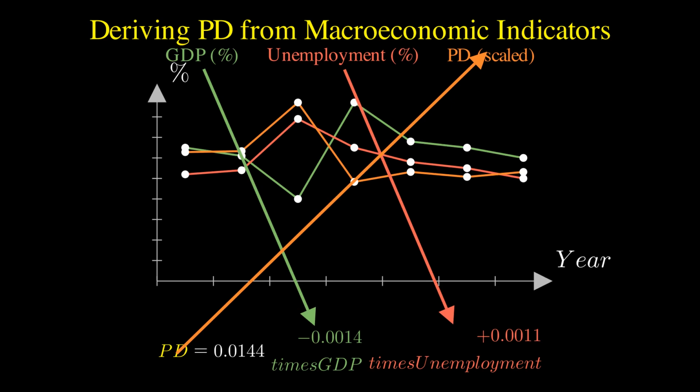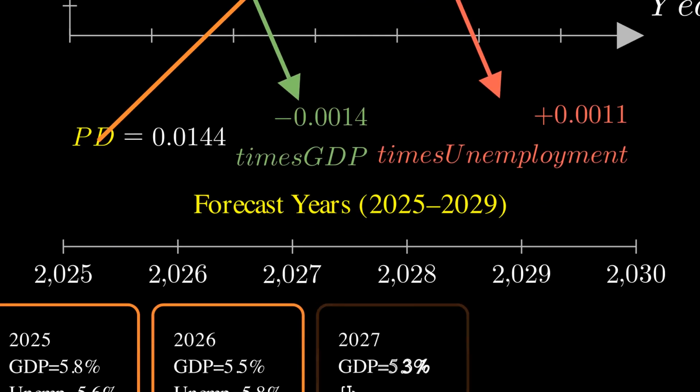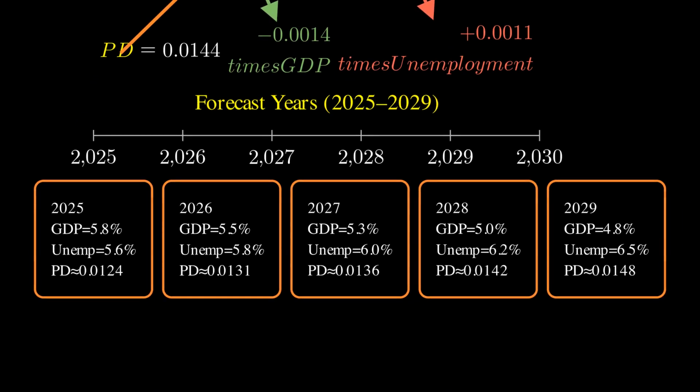Subsequently, we have used forecasted GDP and unemployment data which Government of India regularly publishes to arrive at futuristic probability of default data.